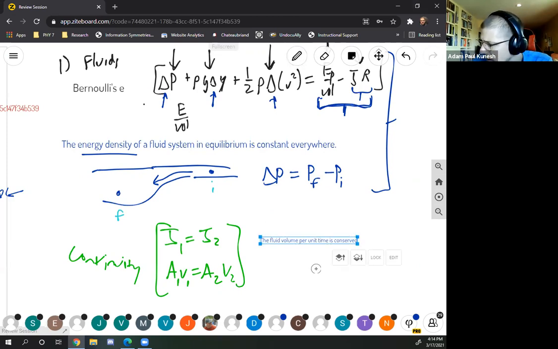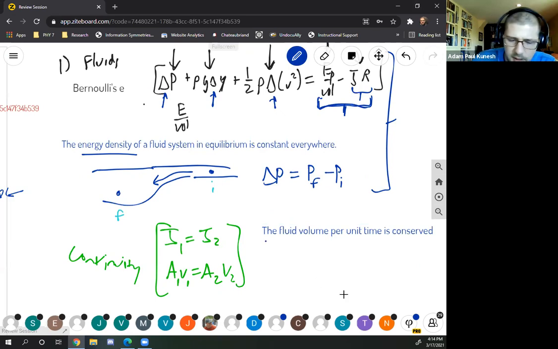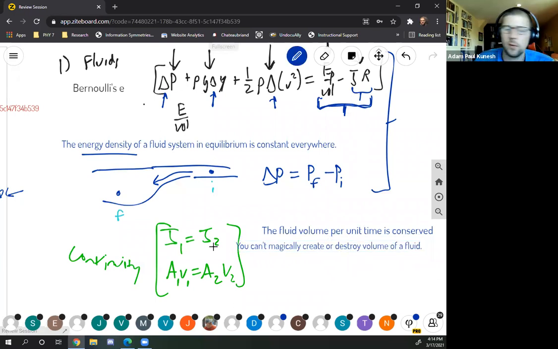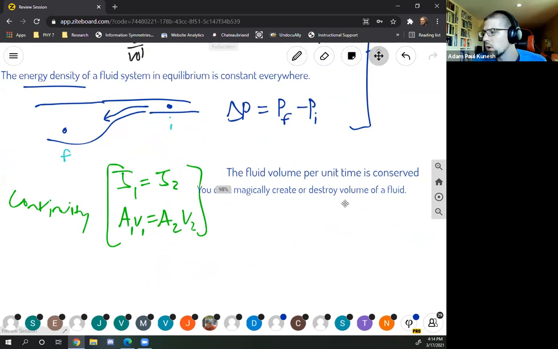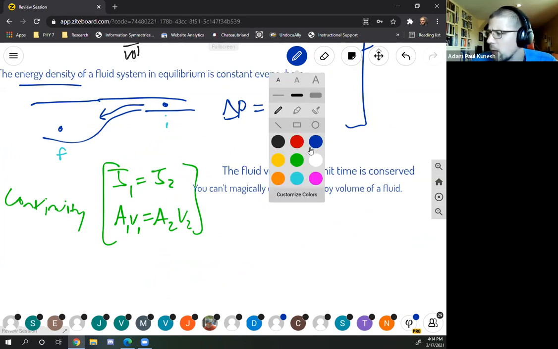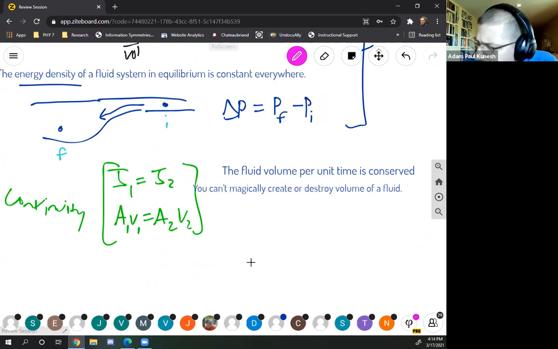It means you can't magically create or destroy volume of an incompressible fluid. Particularly this applies really well to liquids, because with gases you can change the volume. We deal with liquid fluids in here.